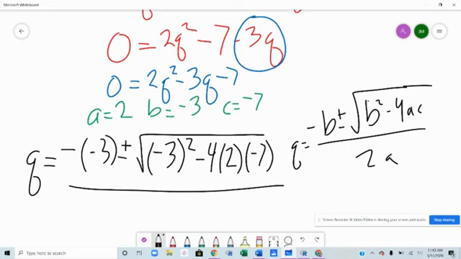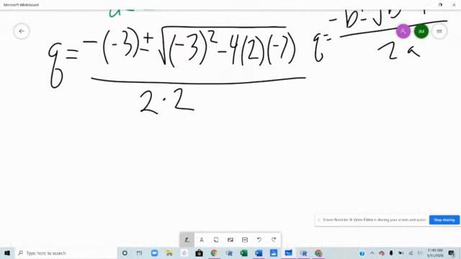The whole thing gets divided by 2 times our a value of 2. So everything just went in its place. Negative of our b value, plus or minus the square root of our b value squared, minus 4 times our a value times our c value. The whole thing gets divided by 2 times our a value.